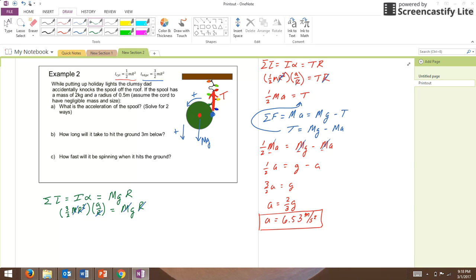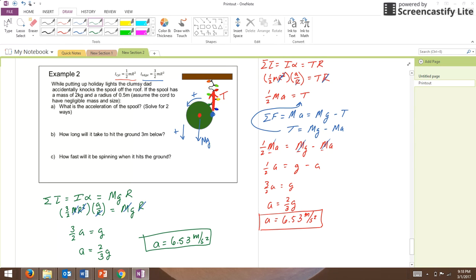Looking at what that leaves us, we have 3/2 A is equal to g. So again, A is equal to 2/3 g, so A is equal to 6.53, just like last time, or just like this one over here. So those are two different ways to solve A.